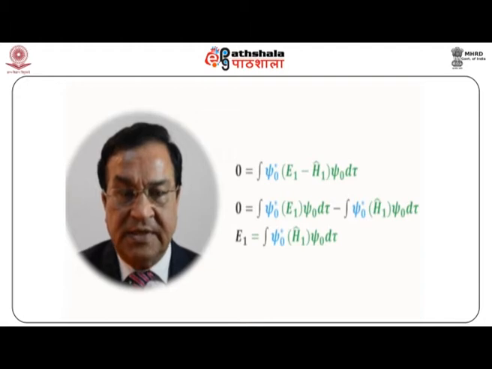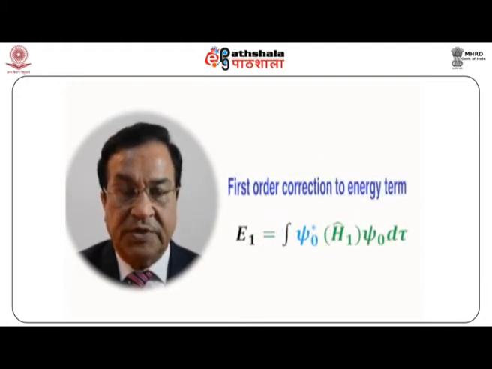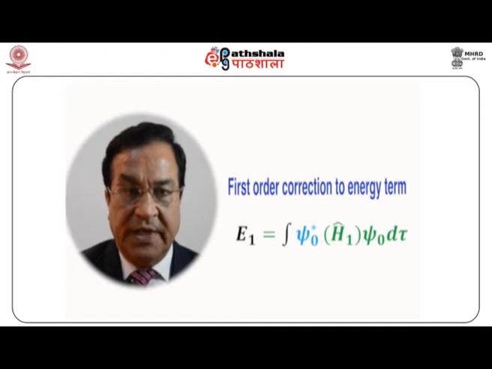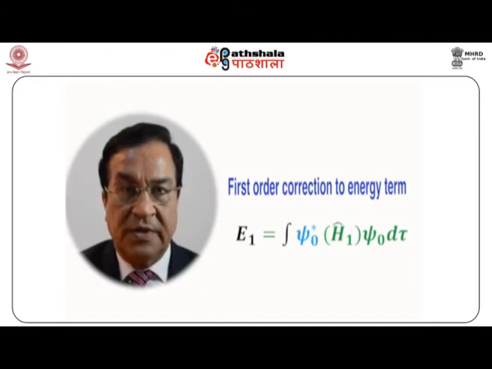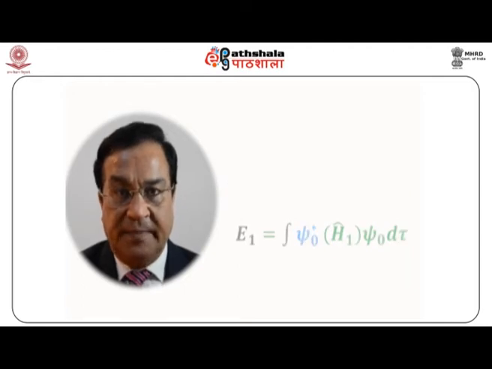Now, you can see this gives us the first order correction to the energy, and that is what we really wanted to have. And we can see that the first order correction to the energy is related to the ground state wave function psi 0 and also to the first order perturbation to the Hamiltonian H1.